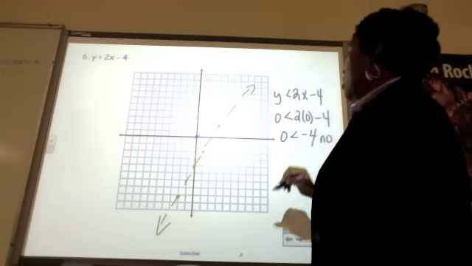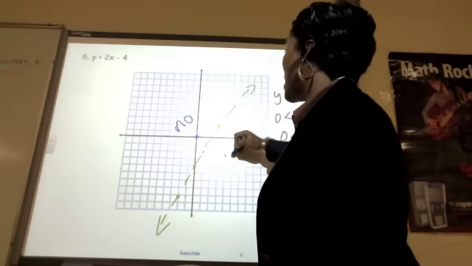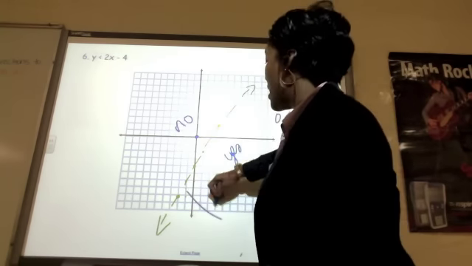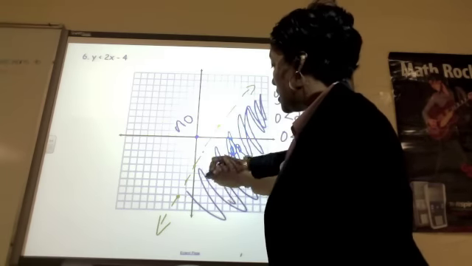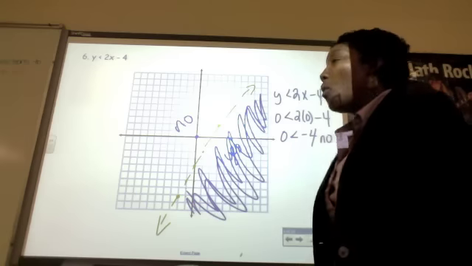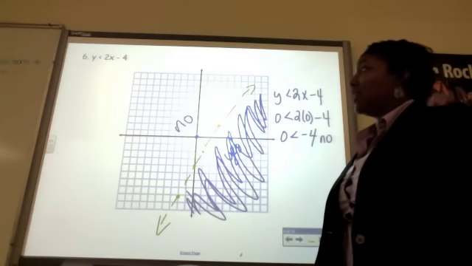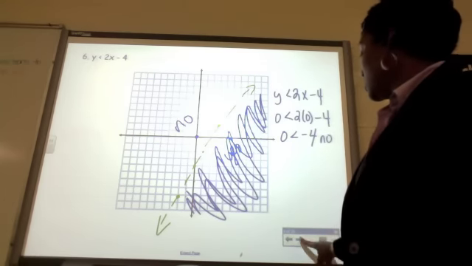No. 0 is greater than negative 4. So this will be our no side. Here's our yes. Shade. Okay? You can use colored pencils for this or just a regular pencil. That's fine. But this would be our final answer for this one.